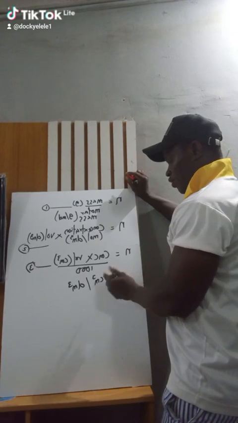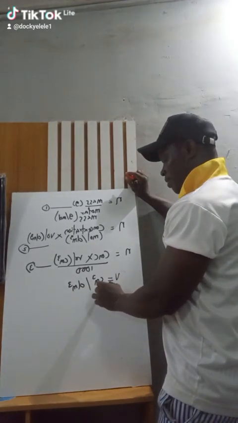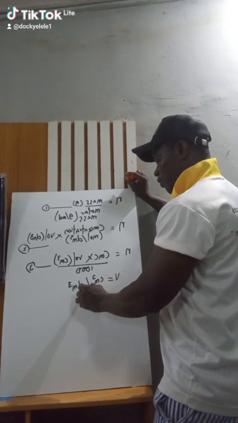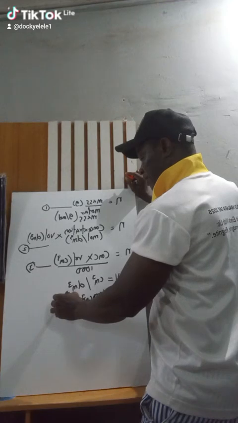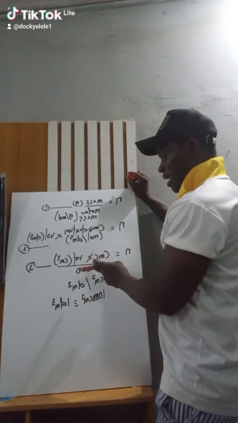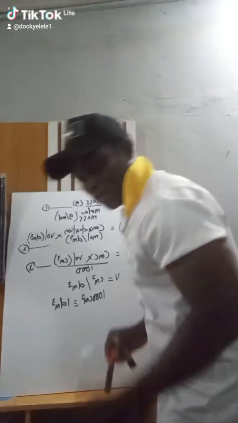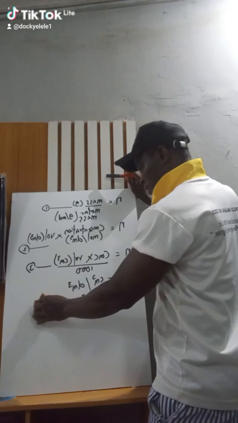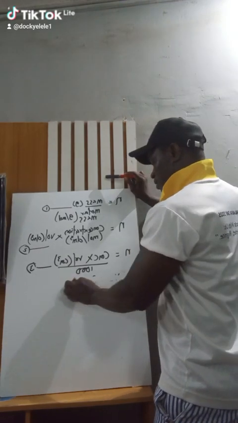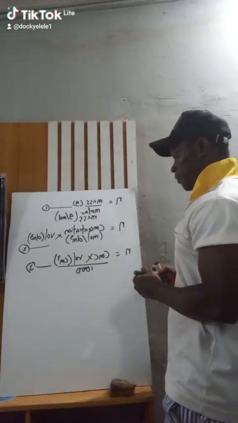And what is the relationship between cm cube and dm cube? 1000 cm cube is equal to 1 dm cube. That's the reason why we have to divide by 1000. So that's equation 3.